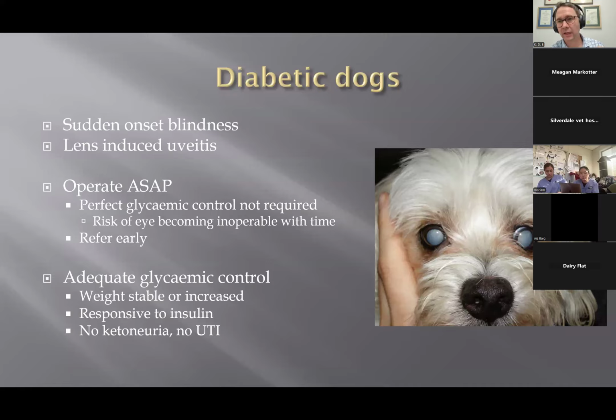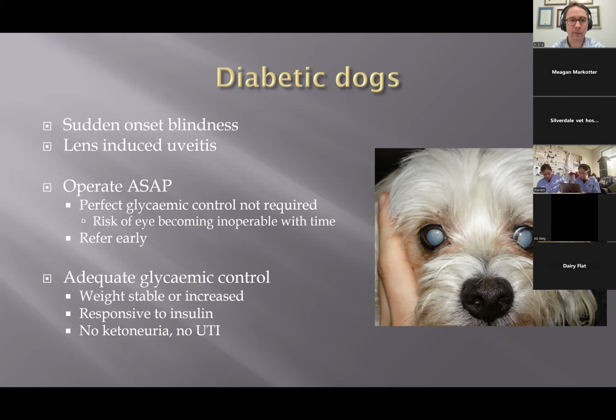Some dogs will come to me having had cataracts for a couple of weeks, and I'll look at both eyes and say, well, I can't operate. It's got severe uveitis and glaucoma in both eyes. That ship has sailed. And so to minimize the number of cases that become inoperable over time, we try to get them in and operate as soon as reasonably possible.